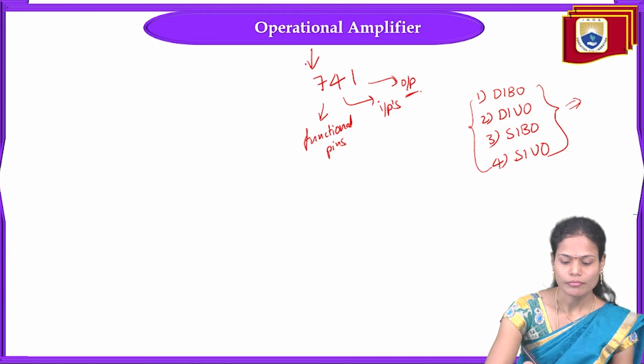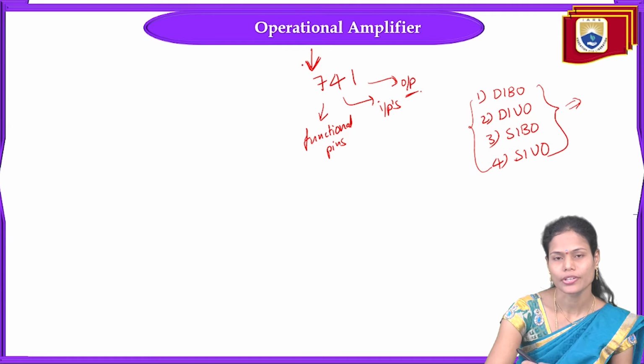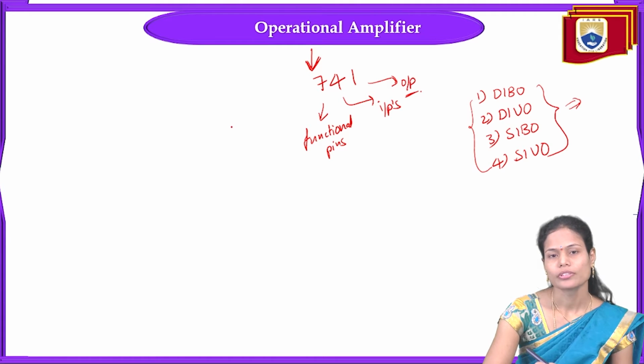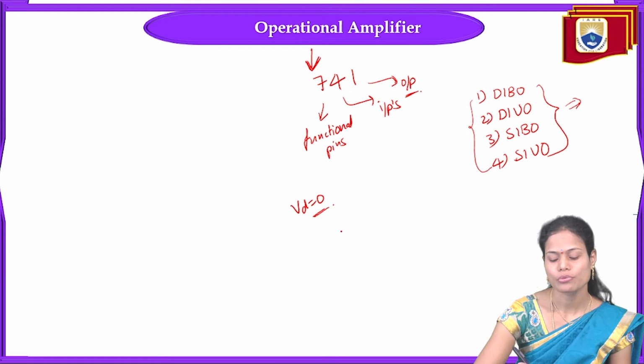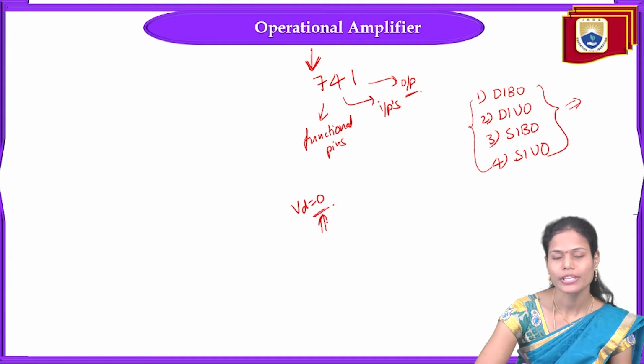While operating the operational amplifier for any application, first of all it should maintain the differential voltage value as 0. To make this value 0, we can make some modifications in the circuit, but within limits.